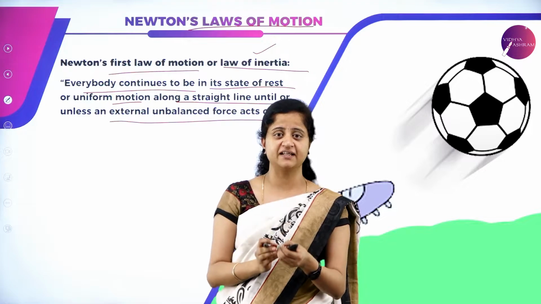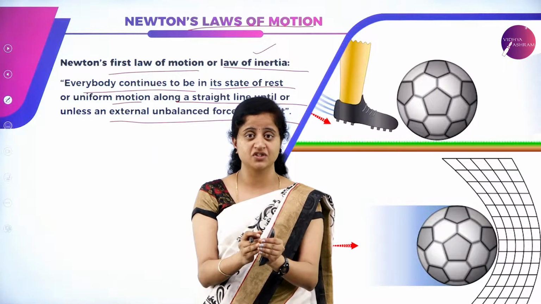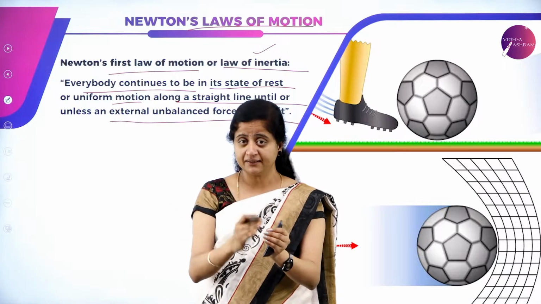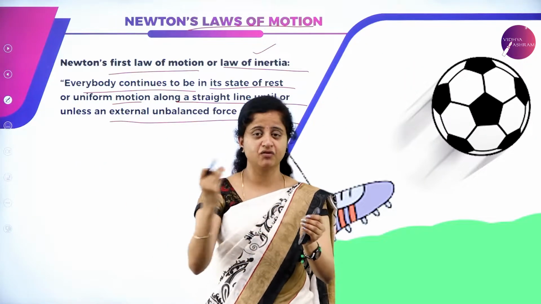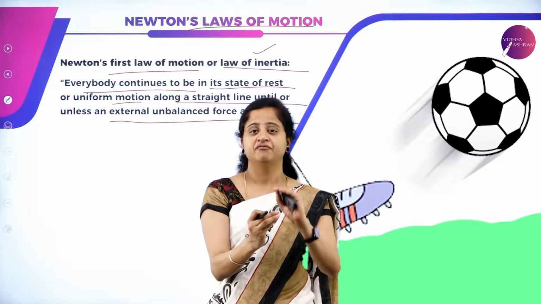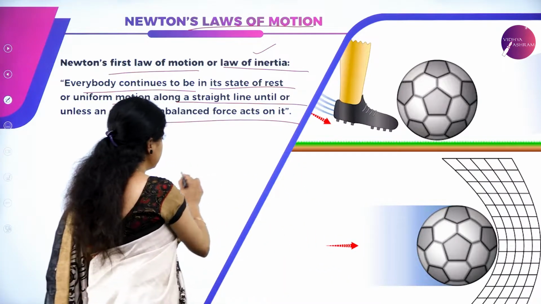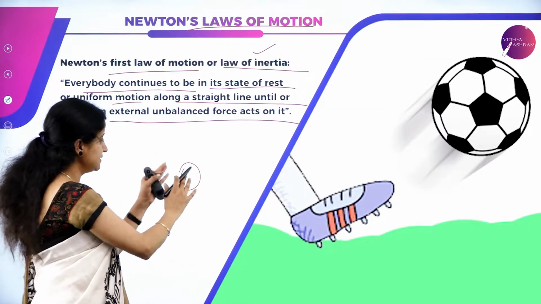Because inertia says that the body tries to stay in the same position. The first law is also saying that every body continues to be in a state of rest or of uniform motion, but till when? Until an external force acts on it. An external force will help the body to change its state. For example, if there is a ball on the floor, it is at rest.